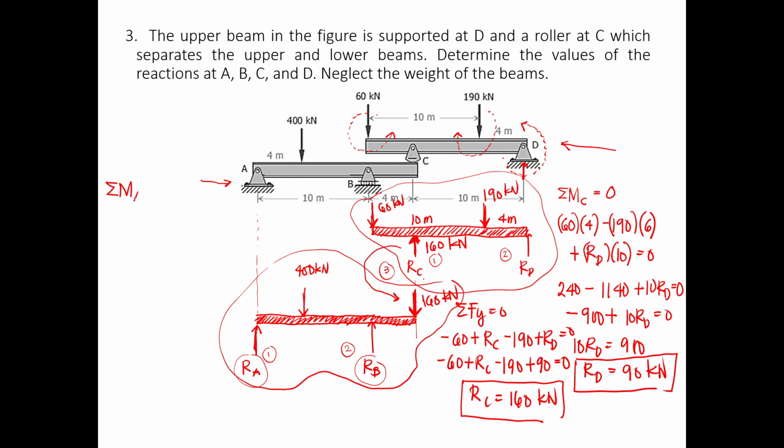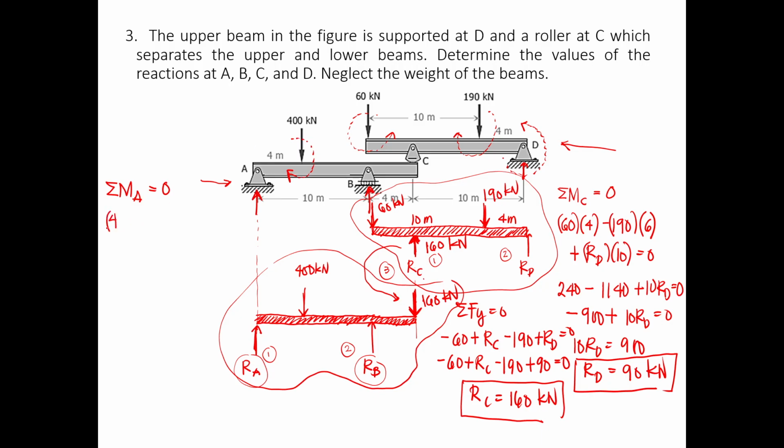So let's say at point A, the moment equals 0. Okay, so 400 kilonewtons from point A, that's 4 meters, and it will create a clockwise rotation.